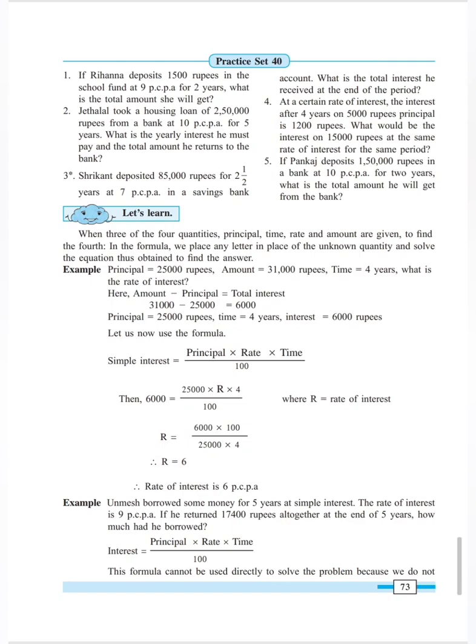Now, R is equal to everything present in the numerator will go to the denominator. Everything present in the denominator will go to the numerator. Rest everything we have to keep the same. As 6,000 is in the place of numerator, it will go to the denominator. But you can see that R is in the place of numerator.